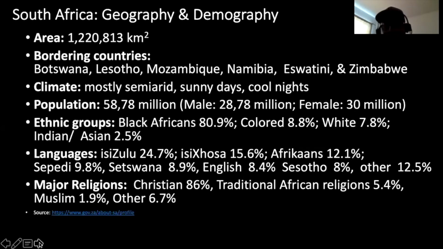The main languages spoken in South Africa are isiZulu, which is about 24.7%, isiXhosa, about 15.6%, Afrikaans, a language introduced by the Dutch colonists, which is about 12.1%, Sepedi, 9.8%, Setswana, which is spoken both in Botswana as well as South Africa, and then English at 8.4%.